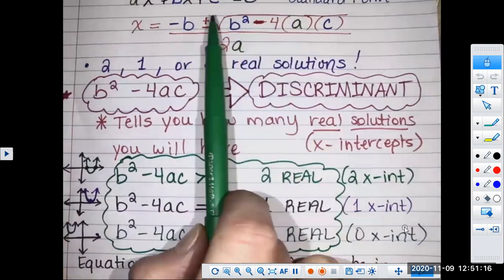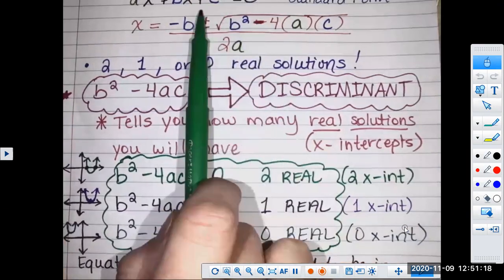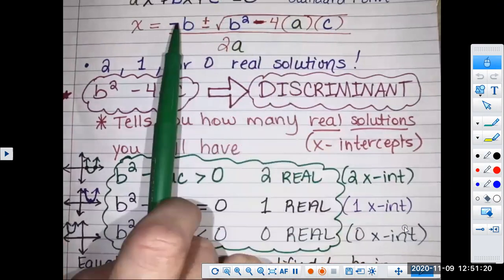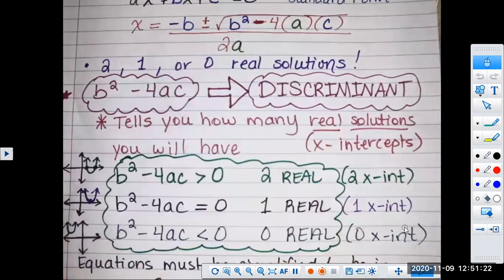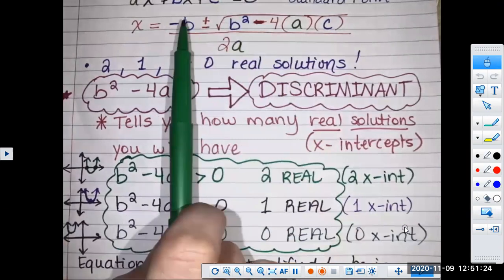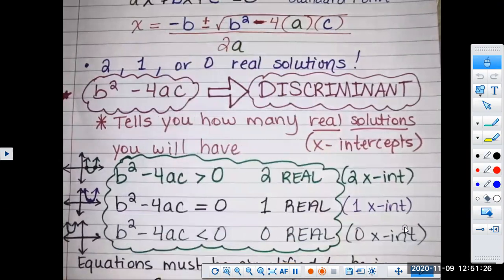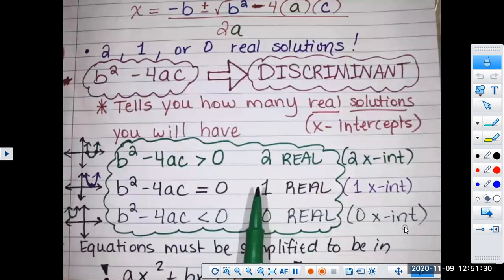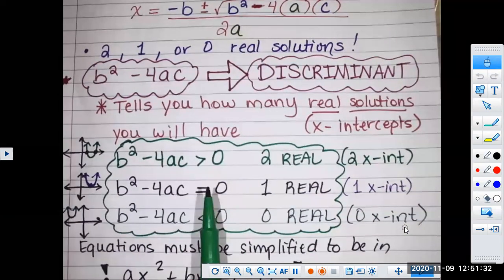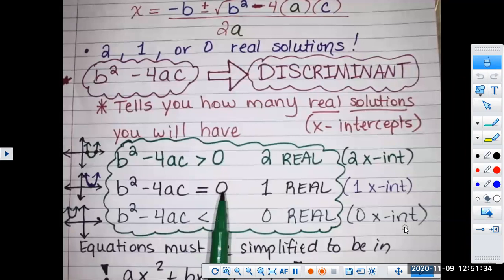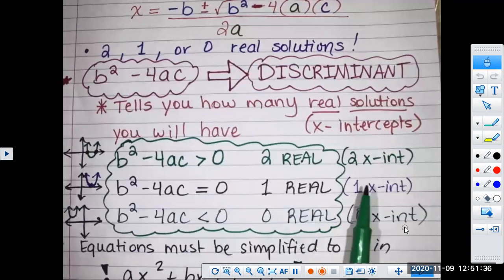So in essence, that part is going to go away and you're going to be left with negative b over 2a, because you'll have negative b plus or minus 0, nothing there. So that's why you only have 1 real solution. If b squared minus 4ac is 0, 1 real solution or 1 x-intercept.